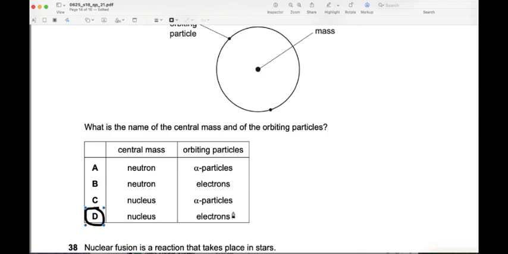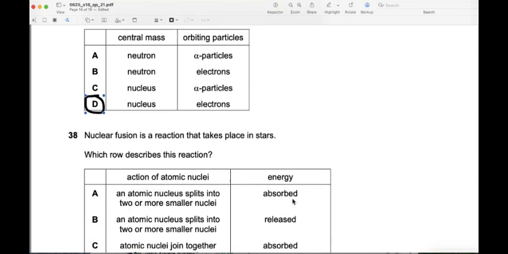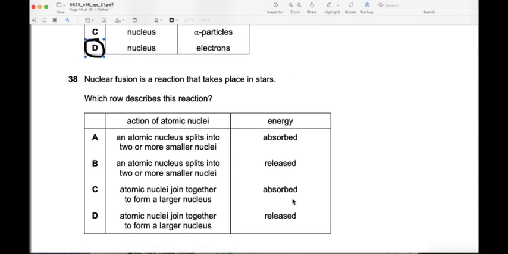Is that okay? All this small revision, you have to brace up for all of these things to come. They're not difficult, but you have to be looking at your work very intermittently. Now let's take a look at this. Nuclear fusion is a reaction that takes place in the stars.